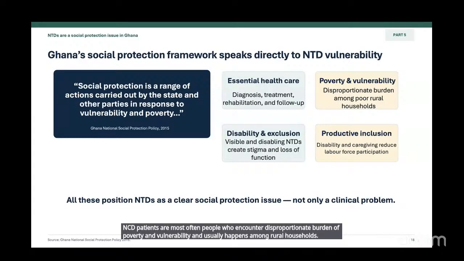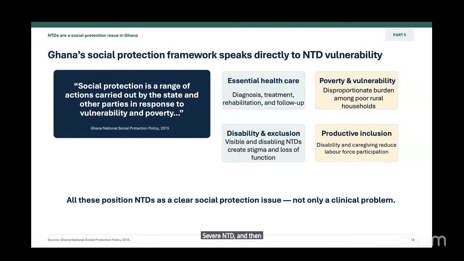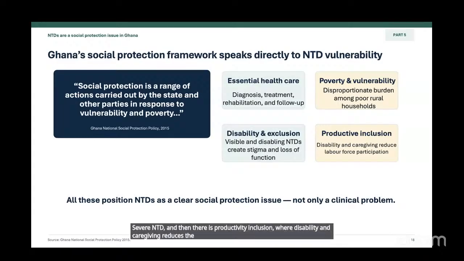There is disability and exclusion that comes with experiencing severe NTD. And then there is productivity inclusion, where disability and caregiving reduce the labor force participation of these NTD patients. So if you look at these components together, everything about NTDs makes them clear social protection issues.